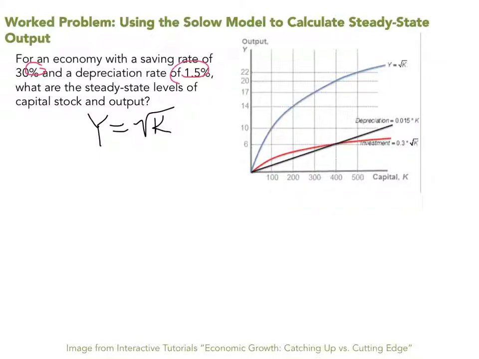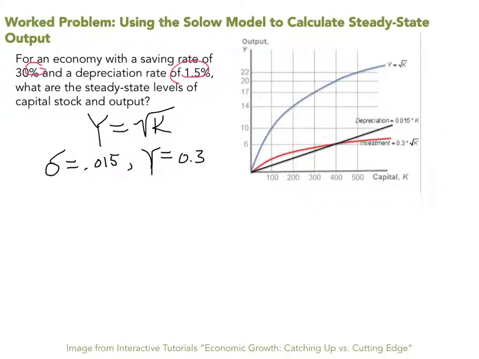Alright, so what do we know? We know that the depreciation rate is 0.015. We know that investment given by savings is 0.3. So now all that's left to do is to plug and chug.